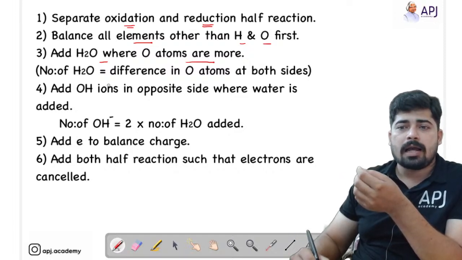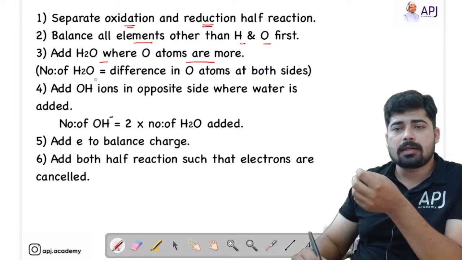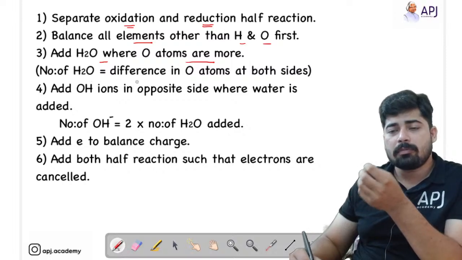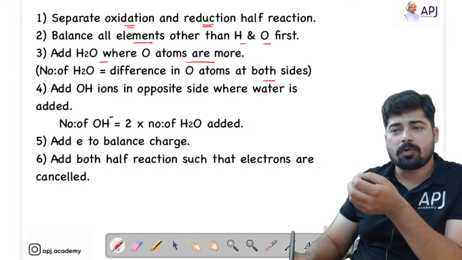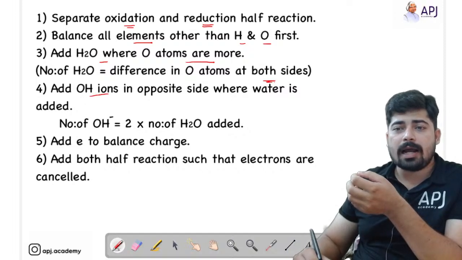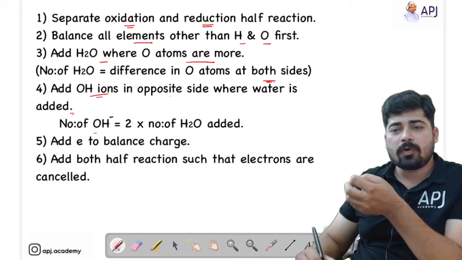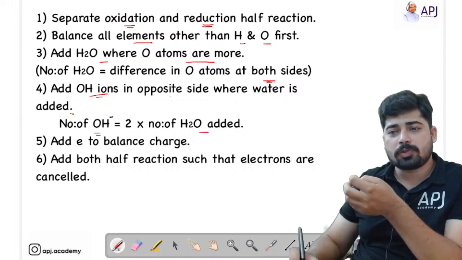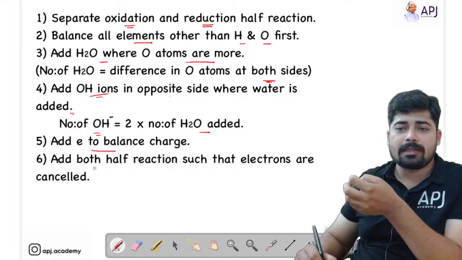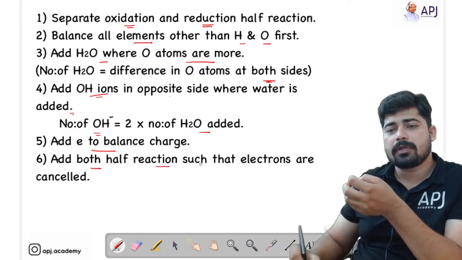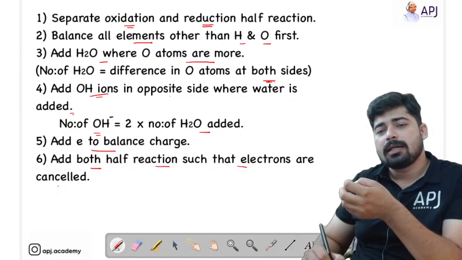The number of water molecules equals the difference in oxygen atoms at both sides. Add OH minus on the opposite side where water is added, so the number of OH minus is equal to 2 times the number of H2O added. Then add electrons to balance charge, and add both half reactions such that electrons are cancelled.